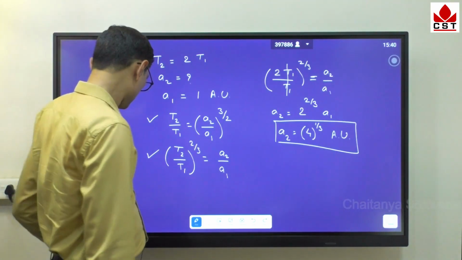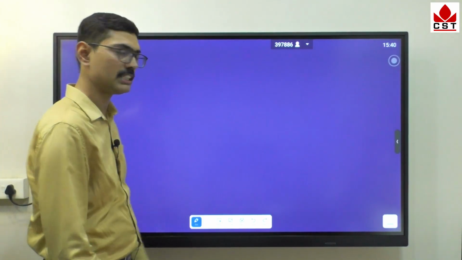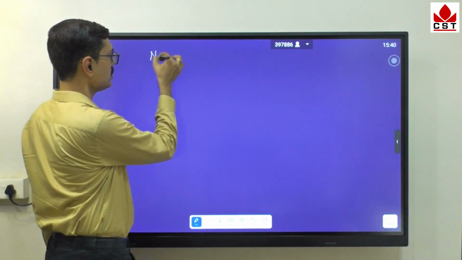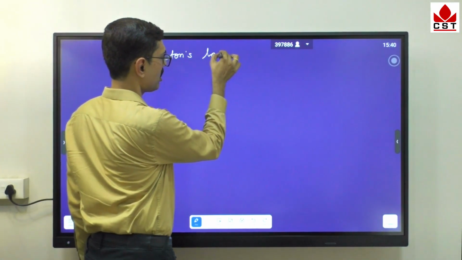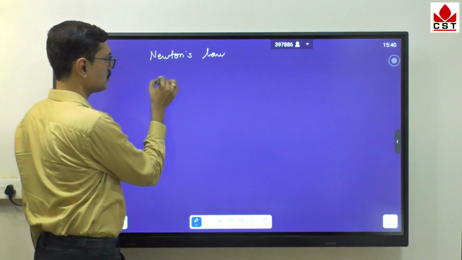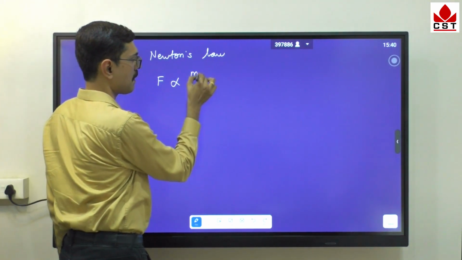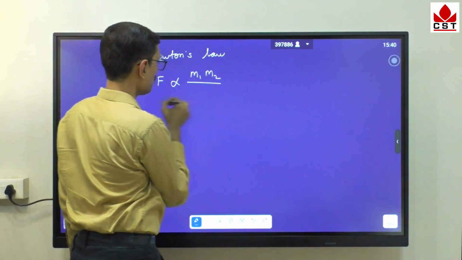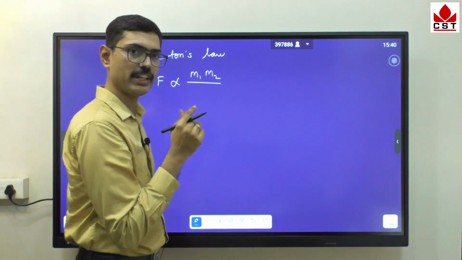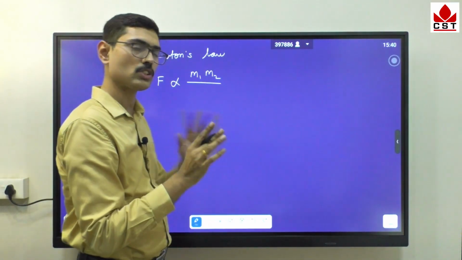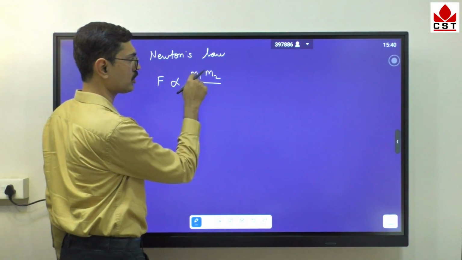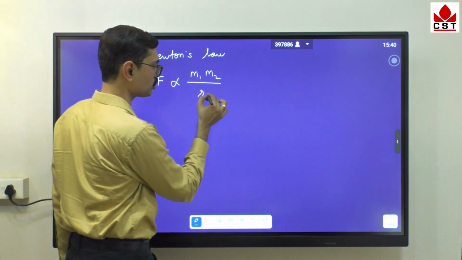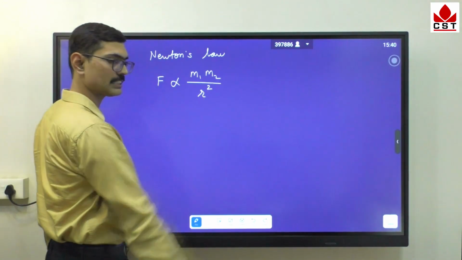Then the next part is the main law, Newton's law of gravitation. So what is Newton's law? This is a very famous law, and we have been studying this law from our basic school days. The force of attraction between any two masses is directly proportional to the product of masses and inversely proportional to the square of the distance between them.